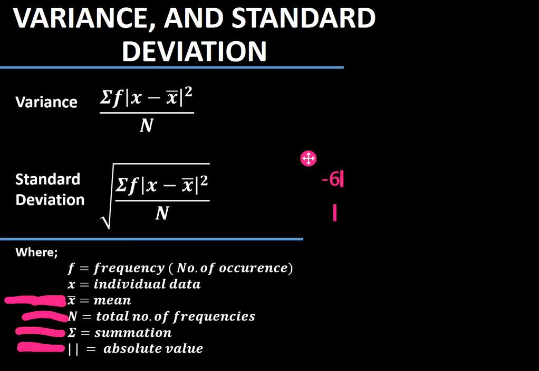No sign, nothing, just the value itself. So the absolute value of minus 6 is just 6. The absolute value of minus 7 is just 7.